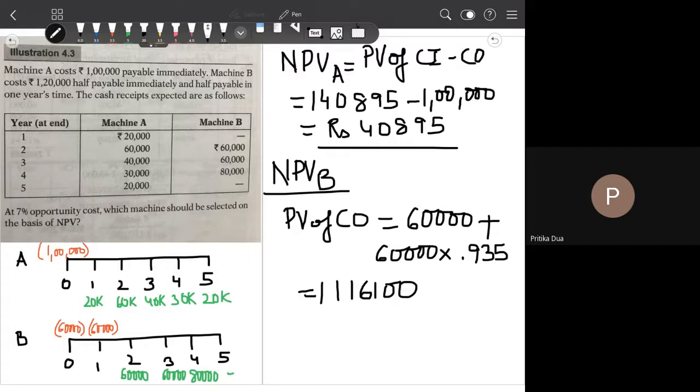This is the present value of cash outflow. You now calculate the present value of cash inflows and then apply the formula for NPV.